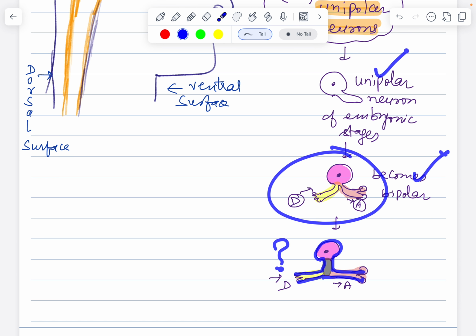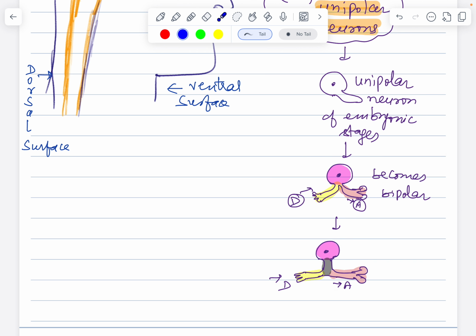So from the unipolar neuron of embryonic stages, it had already become what? Bipolar. But now it has again started looking like a unipolar neuron with a single process arising from the cell body, and it appears that that single process later on divides into two parts, dendron and axon, while the reality is the two processes were already differentiated a step before.